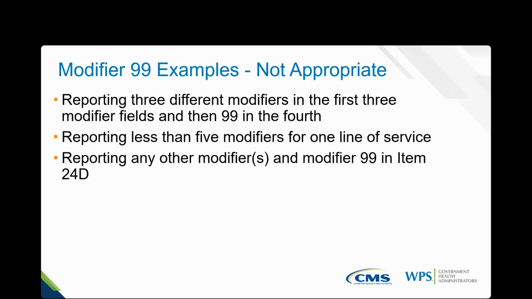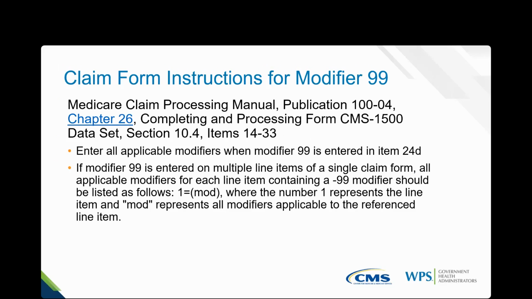You can find claim form instructions for this particular modifier specifically in Chapter 26 of Publication 100-04. That's one of the Medicare Internet-only manuals that CMS has published on their website. There's a link to Chapter 26 in your presentation materials. You can see it here on this slide.